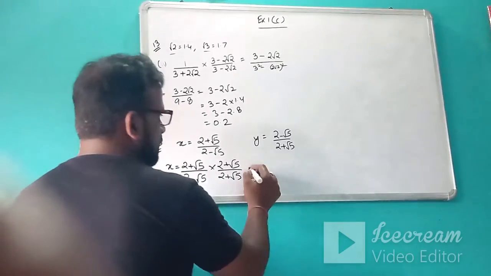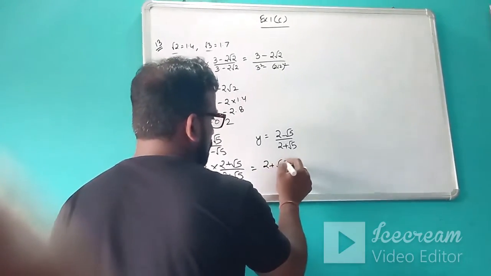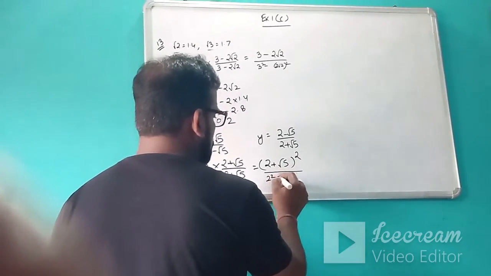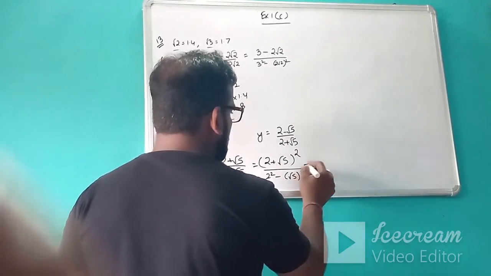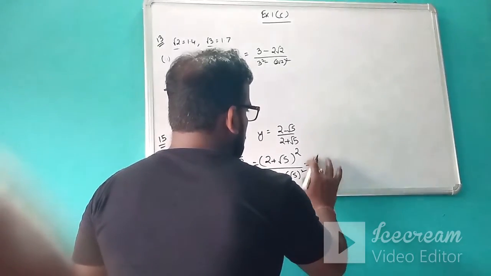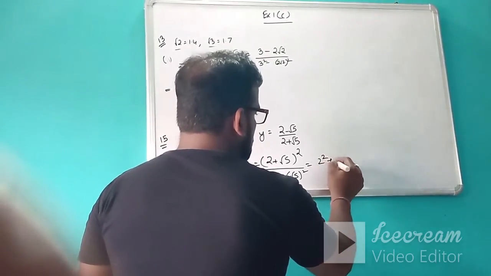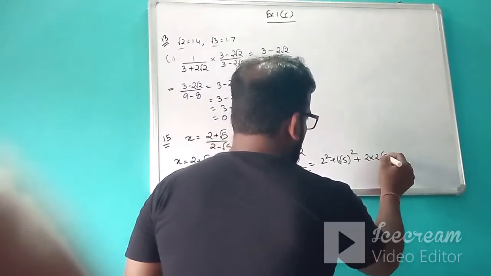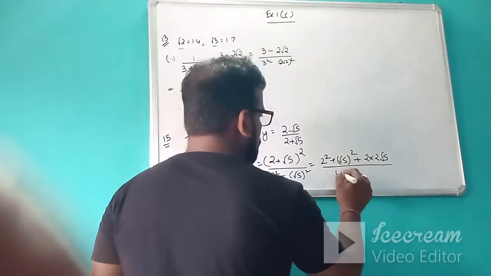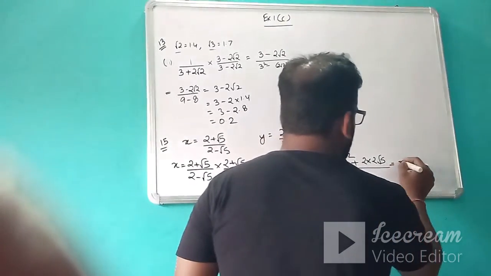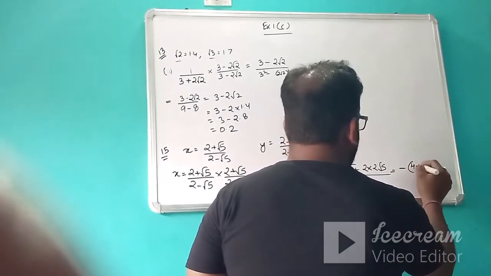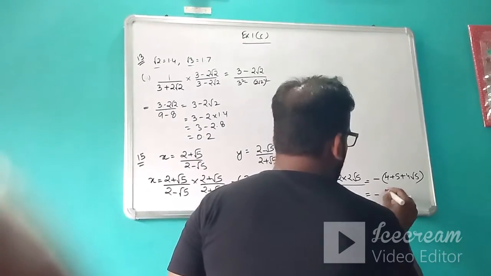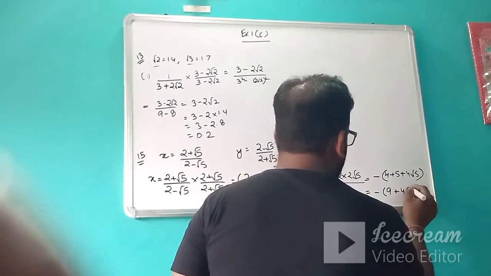Now, many times we have solved questions like this. It is 2 plus root 5 whole square upon 2 square minus root 5 square, that is 2 square plus root 5 square plus 2 into 2 root 5 upon 4 minus 5, that is minus of 4 plus 5 plus 4 root 5, or minus of 9 plus 4 root 5.